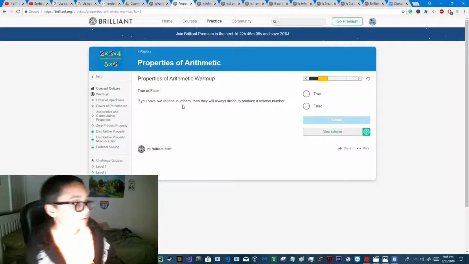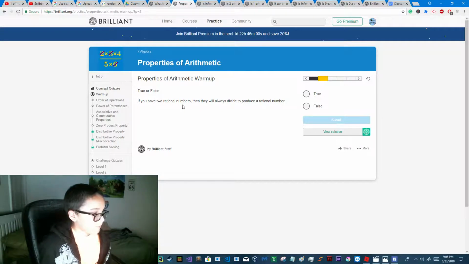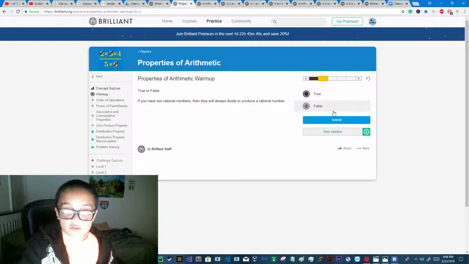Maybe try this with other rational numbers, like 2.5 divided by 1.5. I think that would be something like 2. I don't know. But I think it's true.